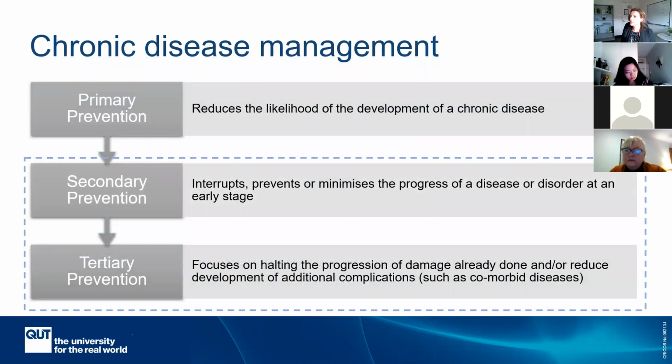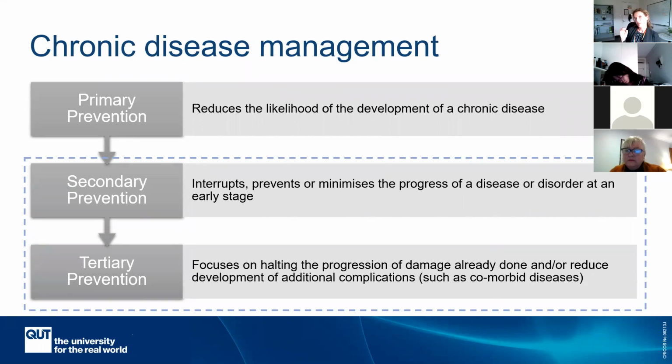Now this slide here will be actually familiar to those of you who have done NSN007. This is about the focus on chronic disease management, and where we are now when we're talking about multimorbidity is we're in the blue dotted section.